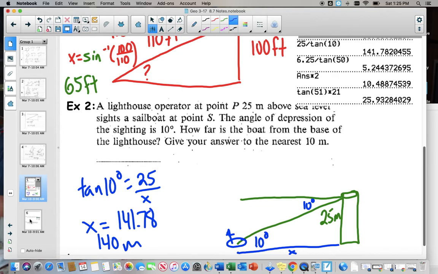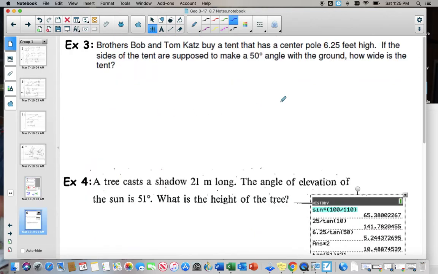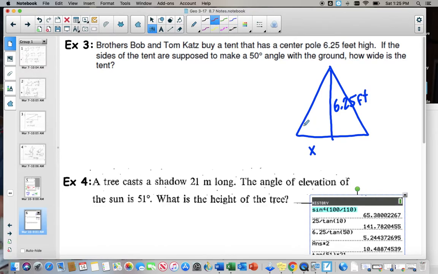Okay, so next we'll go to this problem. So in this we have a tent, center pole, 6.25 feet. We don't know this, and we know the angle is 50 degrees.